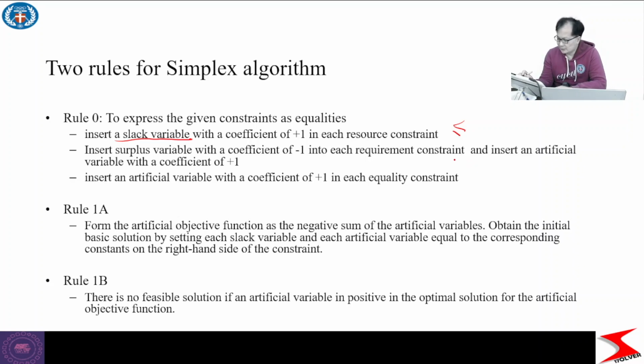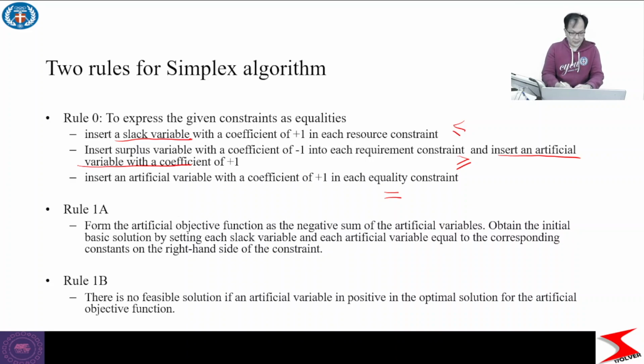And if the constraint sign is greater than or equal to, we insert a surplus variable with a coefficient of -1, but in order to maintain the number of bases, we need to insert an artificial variable with a coefficient of +1. For the constraint with equality, we only need to insert an artificial variable with coefficient +1.